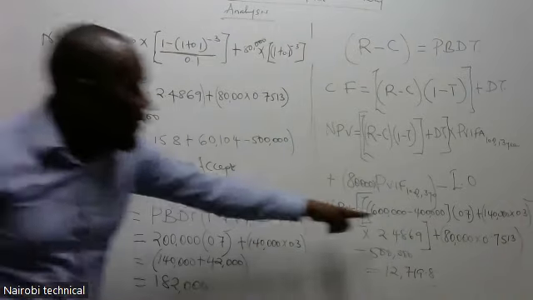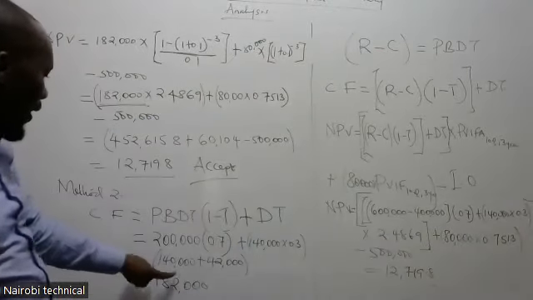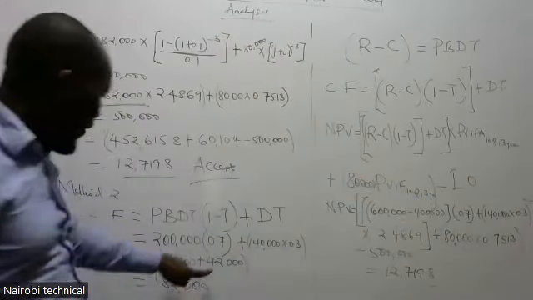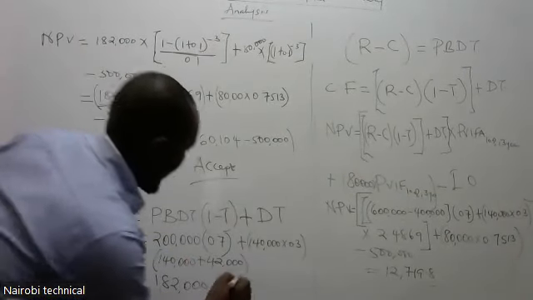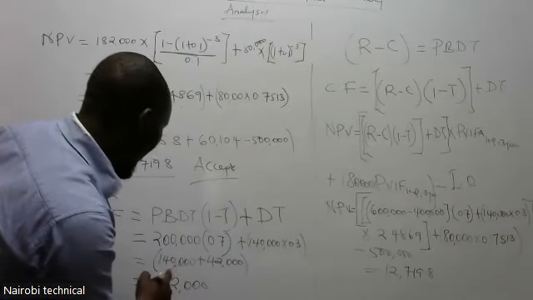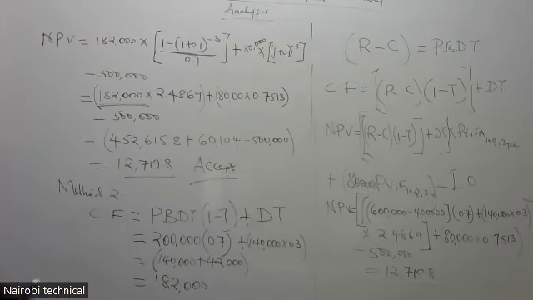Because this one minus this one is 200. 200 times this is 140. That is what we have here, 140. The other one is 42. We're going to have it here, right? Then minus. So this one is 42. Yeah.